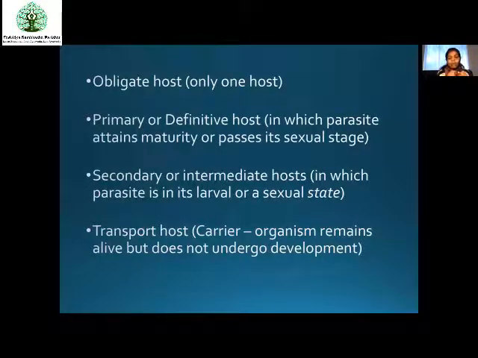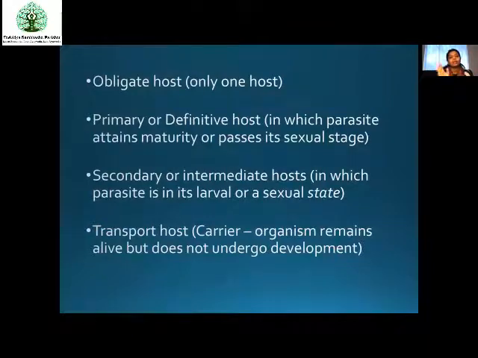Then the secondary host is the intermediate host, in which the parasite is in its larval stage. Then there is a transport host, which is just a carrier. There is no maturity happening, no sexual stage or anything.